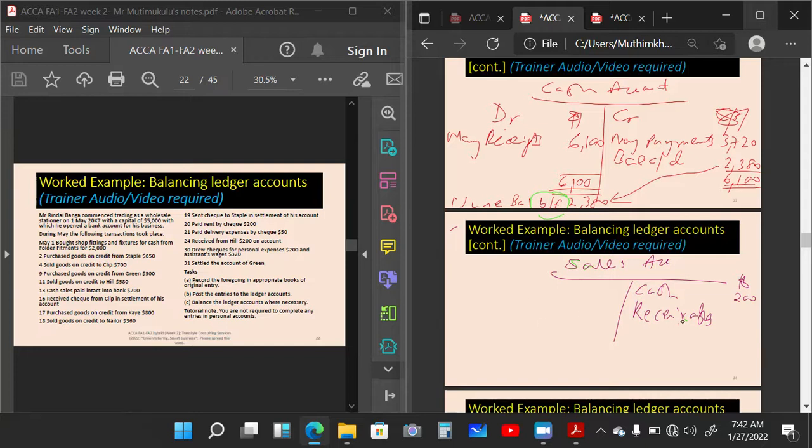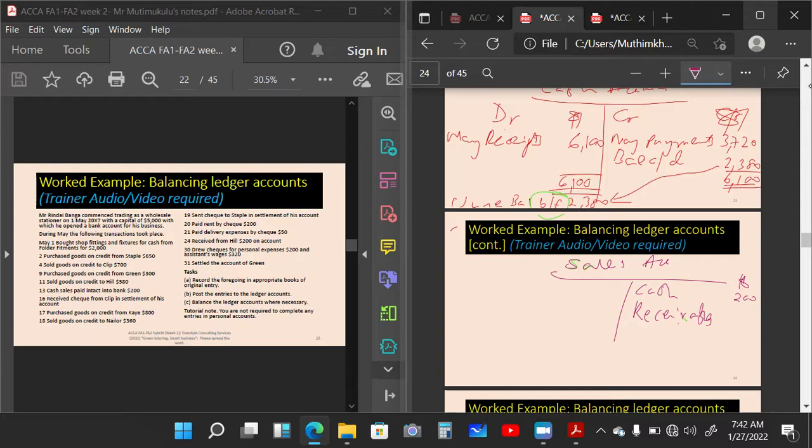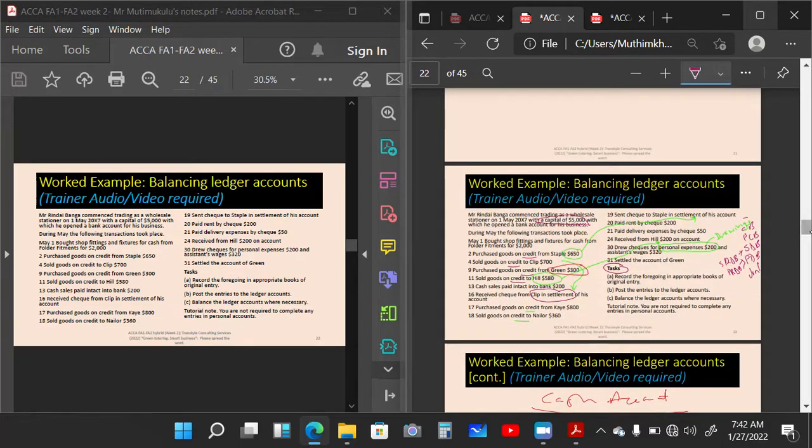Then receivables. Where do we get the information for receivables? These should be from our sales day book, because these are receivables for May.